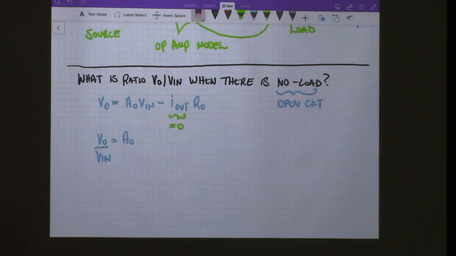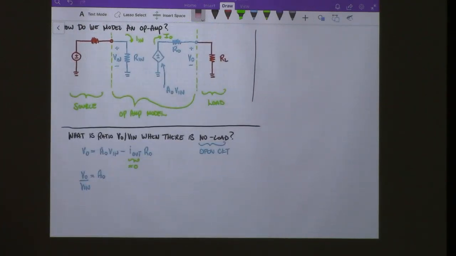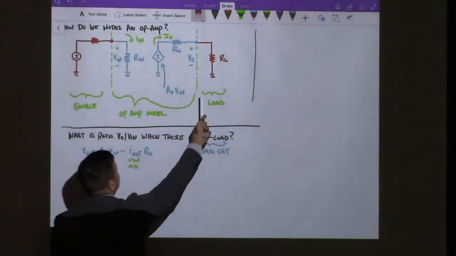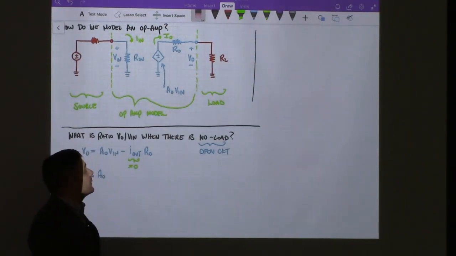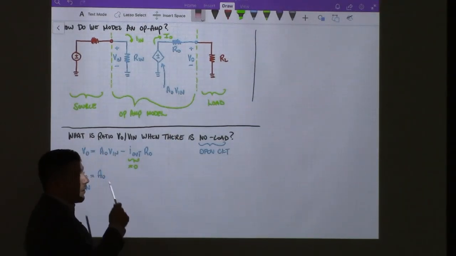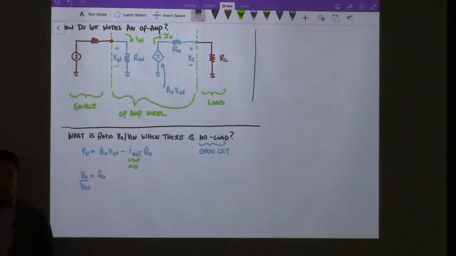We want to understand how the amplifier works under different conditions, because we may not be using the amplifier too many times where there's no load attached. That's not a very useful application. However, we can approximate when we have a load RL where the resistance is significantly greater than R out, then we can approximate it as that no load condition.